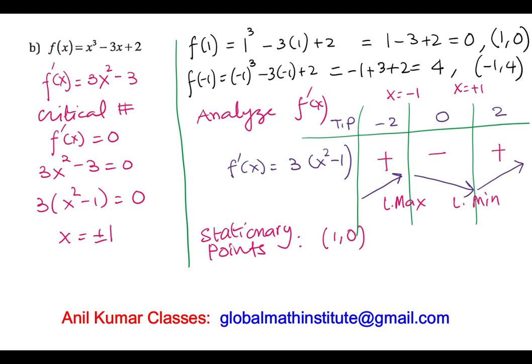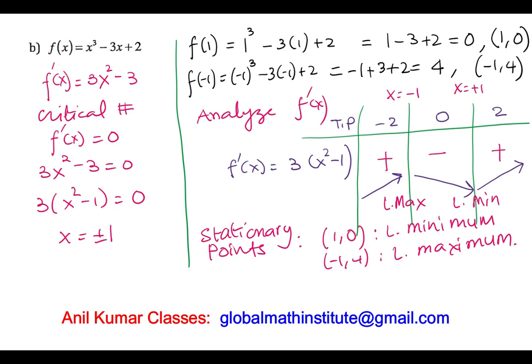And at (1, 0), we have a local minimum, right? And then we have at (-1, 4), which is a local maximum. Is that clear to you? So that is how we need to work with these polynomials.